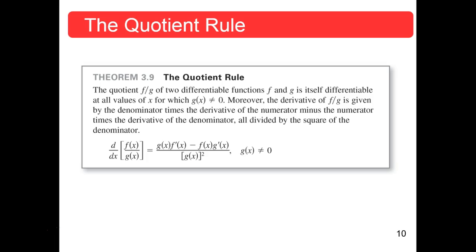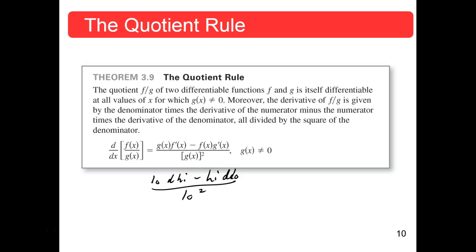So he came home and was trying to study for his comprehensive exam. And he knew how to do some of this. And here is how he said it: low d high minus high d low over low low, which is low squared. Okay?